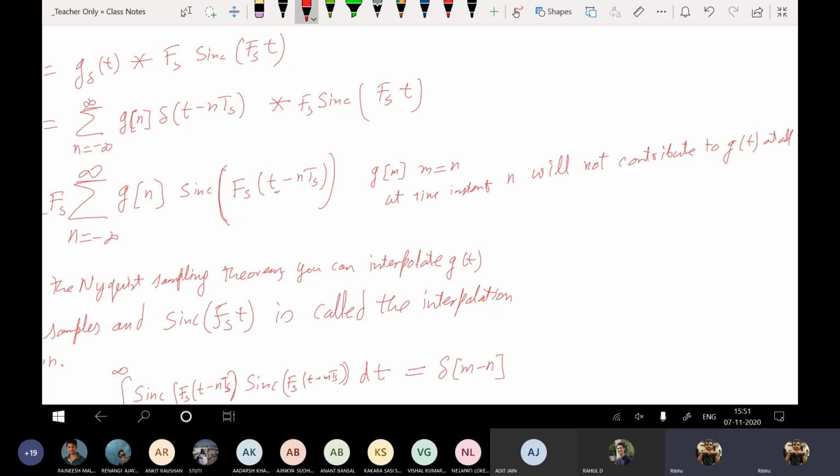That's the main point. At a given time instant, only that sample will count. And between two samples, it will be the linear combination of multiple samples weighted by this sinc function. That is the key idea here.